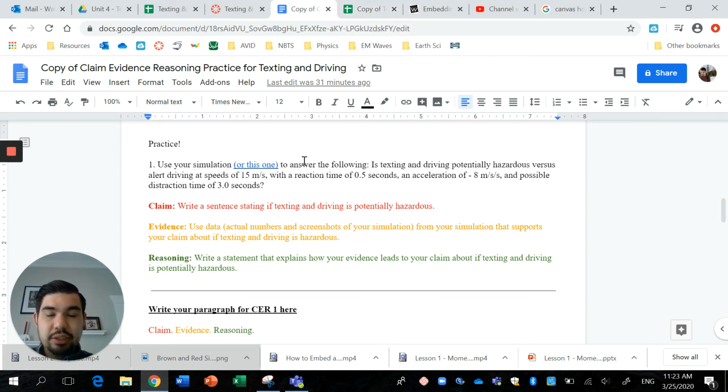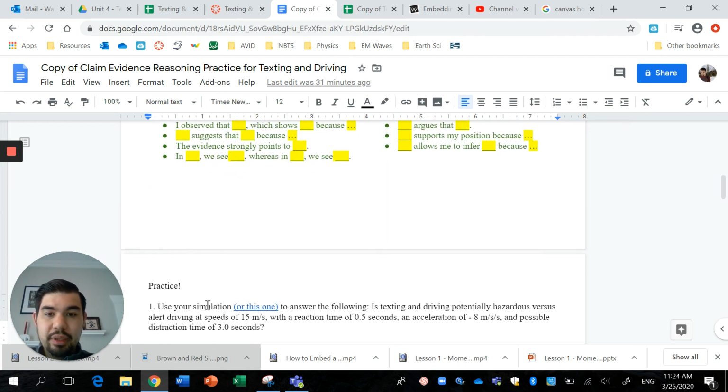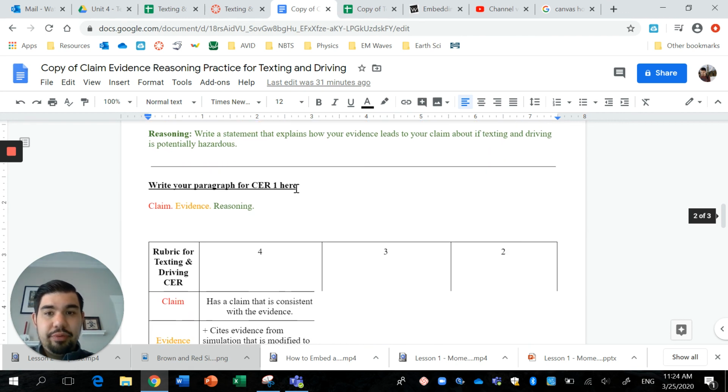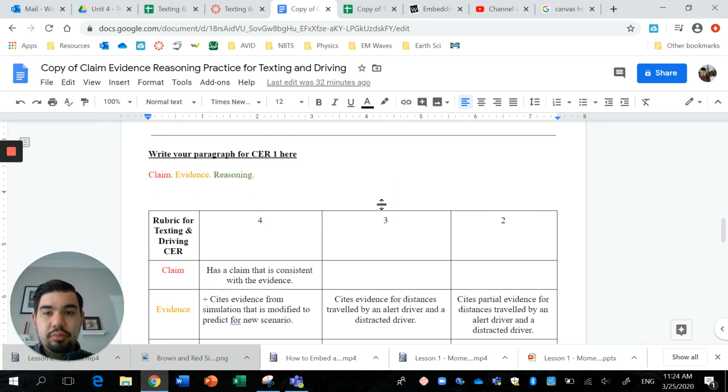Use some sentence starters to communicate your evidence for this claim. And then reasoning: write a statement that explains how your evidence led to your claim about if texting while driving is potentially hazardous. So just one quick, pretty simple CER using a screenshot of your app.